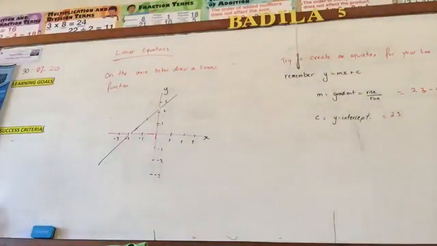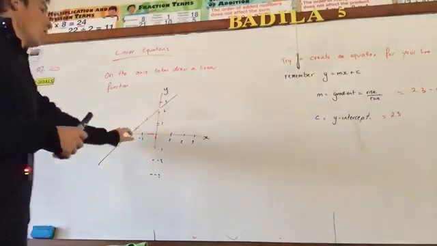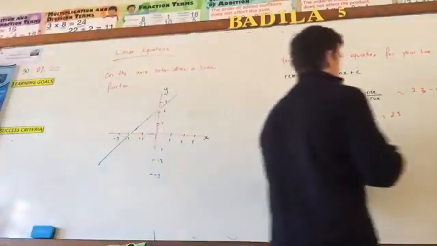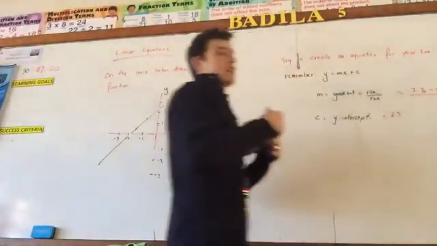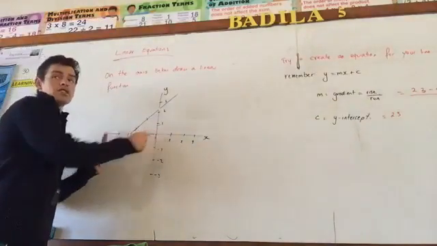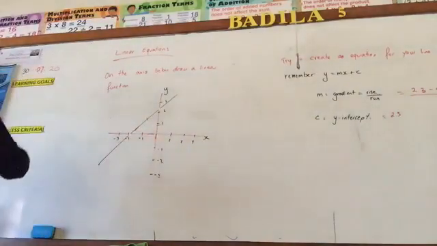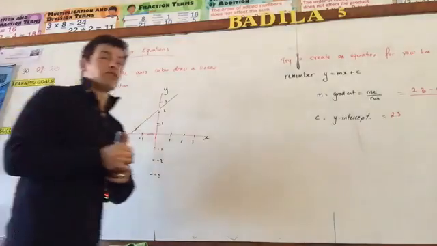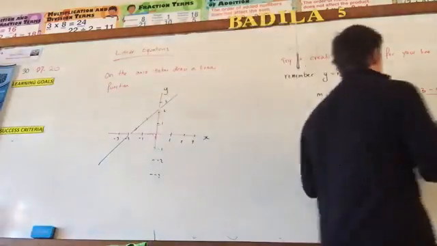Are we happy with that? That's how much it's gone up. So I've got 2.3 minus 0, divided by, how much has it gone across? It started at negative 2 and it went to? 0. So how much has it gone across? What's the run? Positive 2, correct?